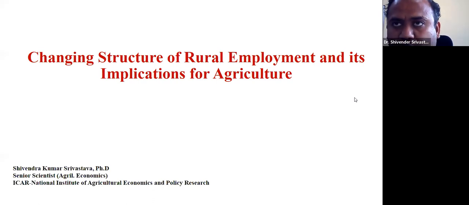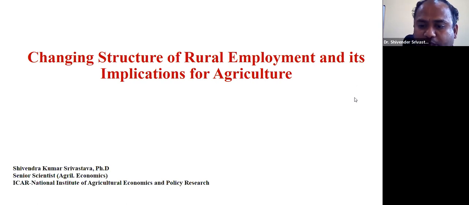Earlier they used to do the survey on a quinquennial basis, and now it has been replaced by periodic labor force surveys, which are conducted on an annual basis. So we will be seeing what the emerging trends are out of these surveys, and from those empirical evidences, we will be deriving our implications on different aspects of that.